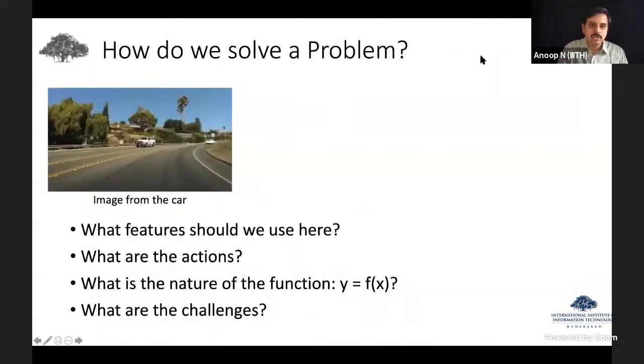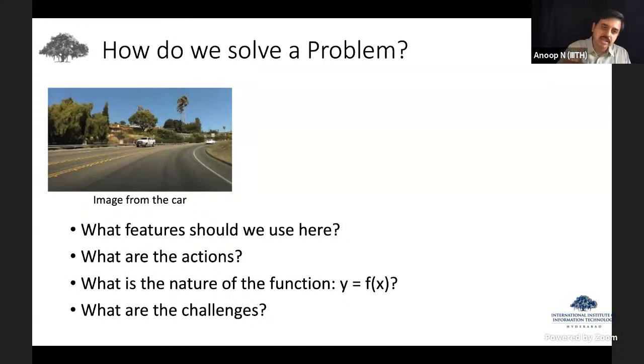So we already talked about how to solve the problem of autonomous navigation. What are the features that you should use here? Well, if you look into this picture, what to do depends on the road condition, the boundaries of the road, where the traffic in front is, how much curvature is there to the road.